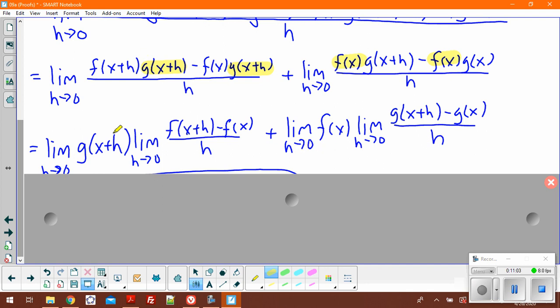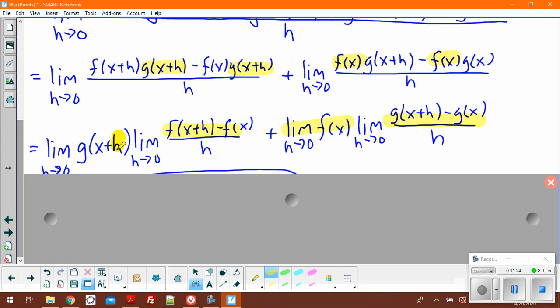Now that I factor that out, I have this, which is my expression for the derivative of f. And this is the expression for the derivative of g. So that's nice, I've got that part. And then for here, limit as h approaches 0, h isn't involved anymore, so this is just f of x.